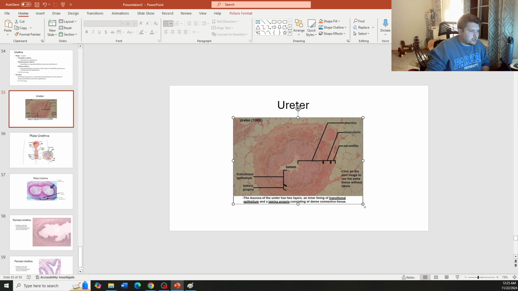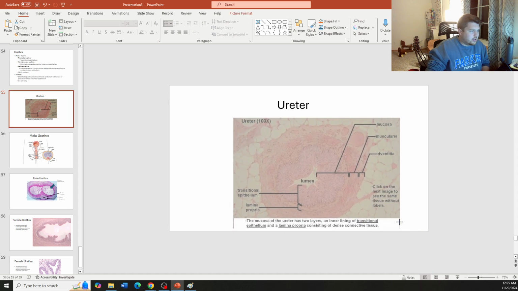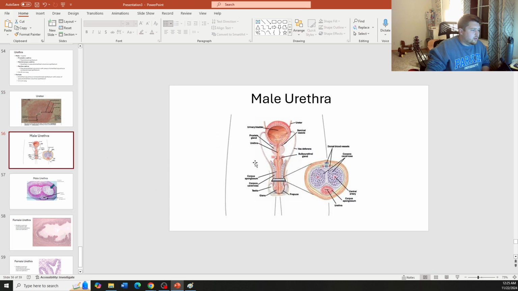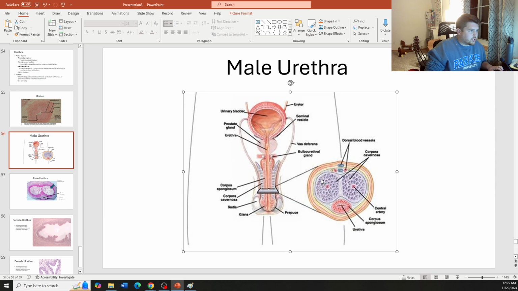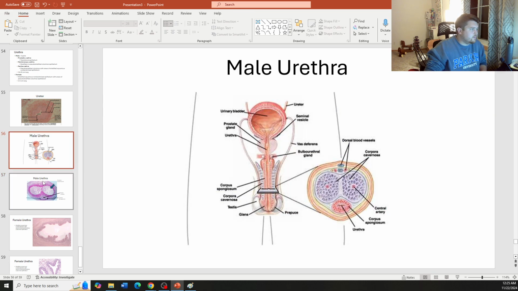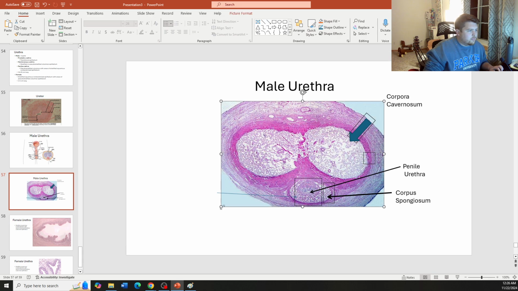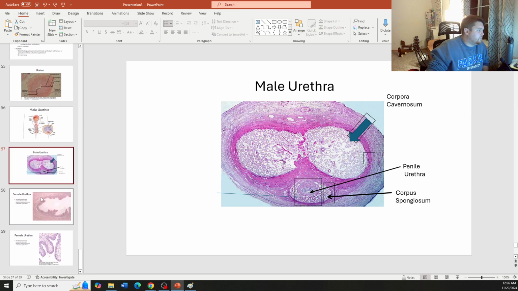Here's what the ureter looks like, the different layers. Some of the male urethra structures. There's the male urethra, the penile urethra right there. We'll look at all the male anatomy stuff in the next couple of lectures.